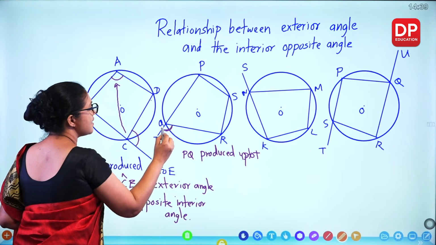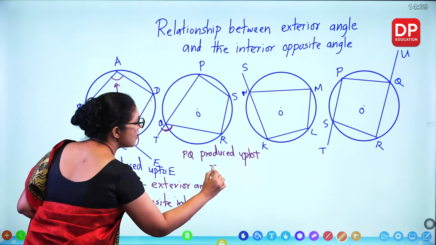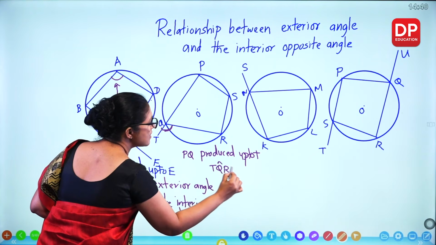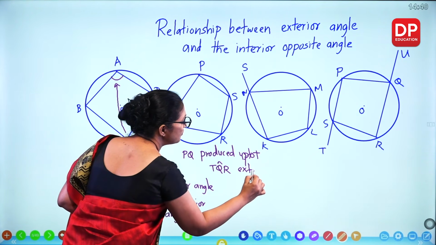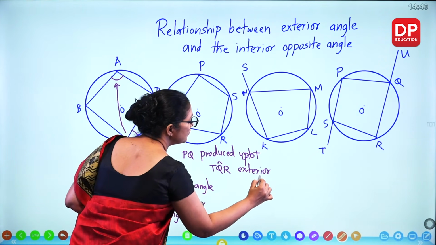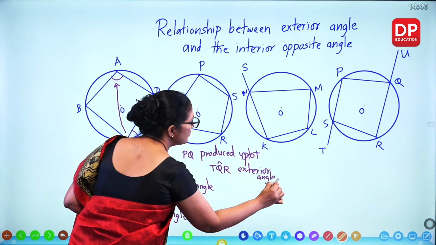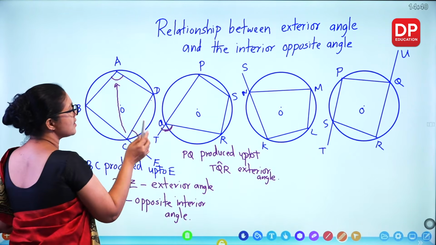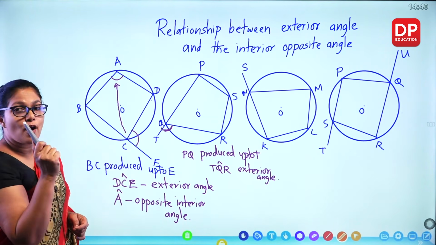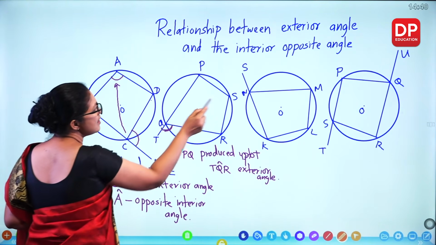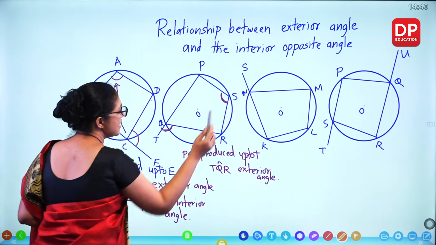This angle is the exterior angle. TQR. TQR is the exterior angle. And what's the interior opposite angle? Interior opposite angle is S here.